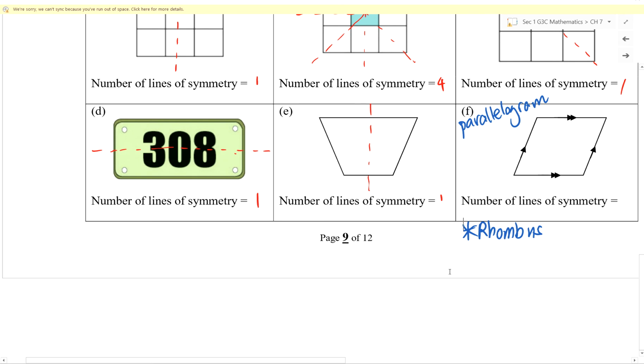Now part D. Can you please write down at the top, this is a parallelogram. So for a parallelogram, how many lines of symmetry are there?